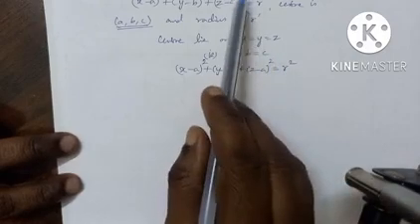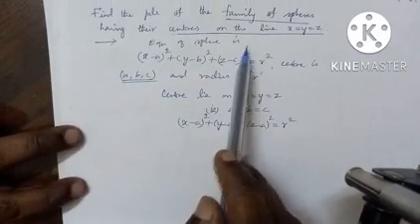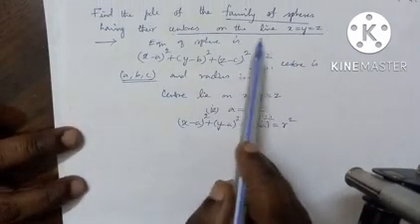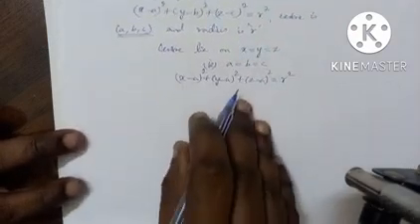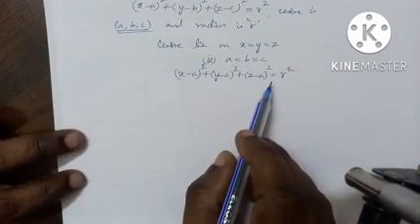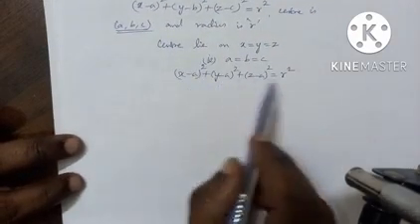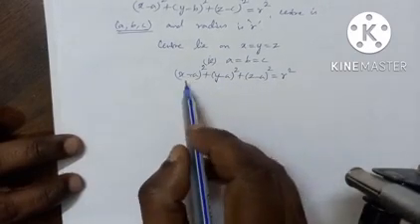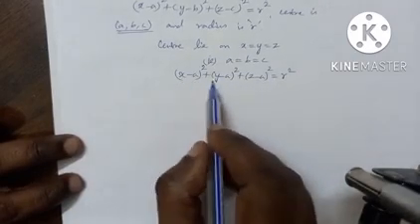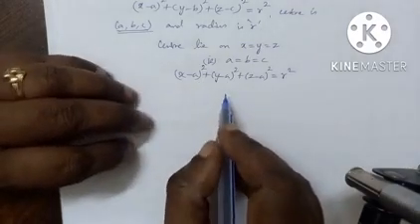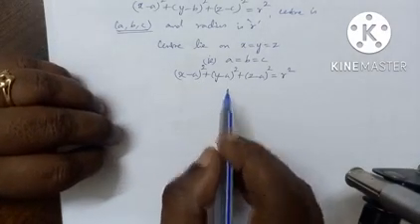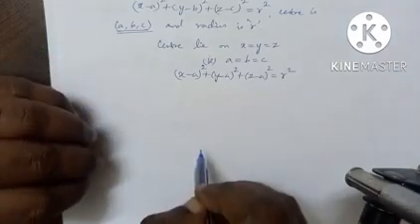It is not said the radius is fixed or the same for all, right? So r is also arbitrary. r also can take any value. It is not fixed. So there are two arbitrary constants a and r, and two independent variables x and y. The numbers are same, right? Hence, we are going to find the PDE.